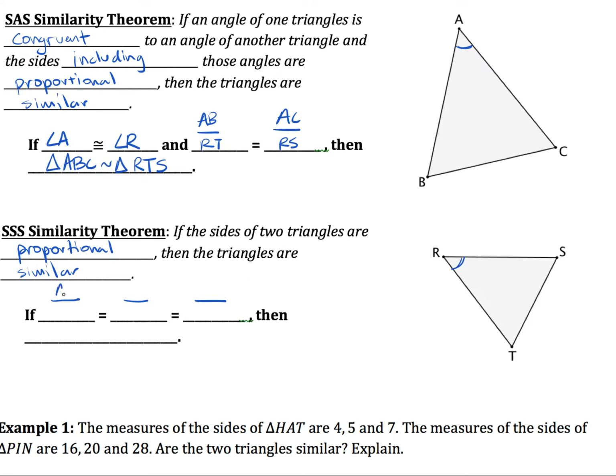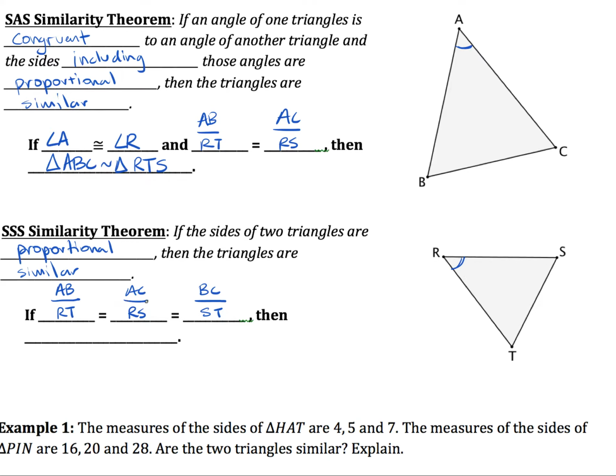So we would have segment AB, for this diagram over here, in a ratio with segment RT's length. That would need to equal segment AC's length over segment RS's length. And that would need to equal segment BC's length over segment ST's length. So we have all three pairs of sides equaling each other in a ratio.